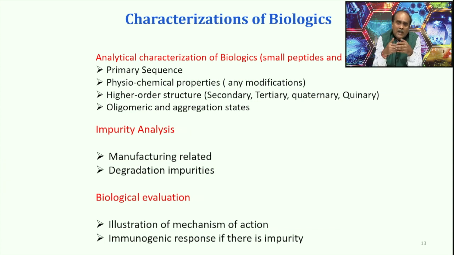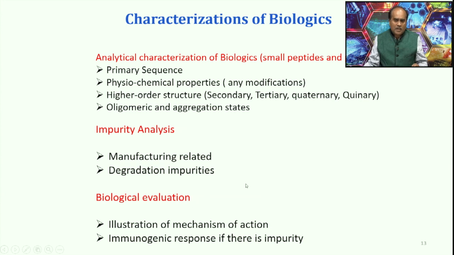Now these aggregations are very dangerous, so it has to be robustly established that we are not introducing any aggregation state. After that, it's impurity analysis. Impurity can be introduced from anywhere, whether it is manufacturing related or during the process some degradation happened. So one has to really look at this. Here again some of the orthogonal techniques like AUC are very important for oligomeric state analysis or impurity analysis.